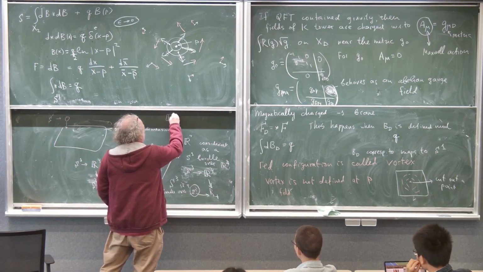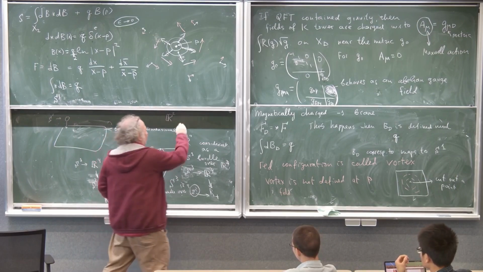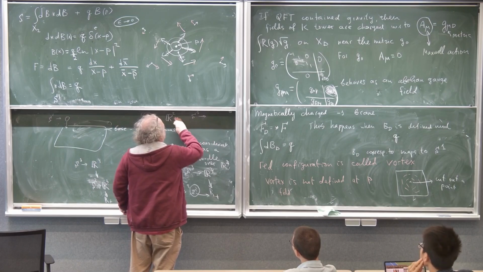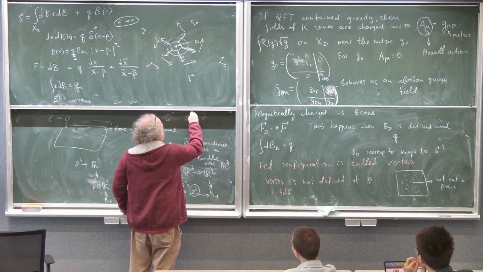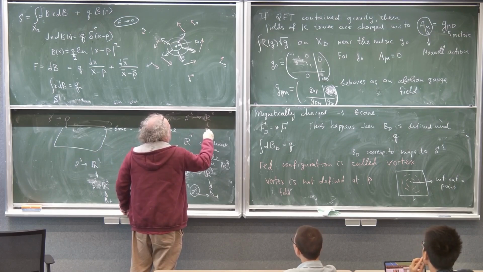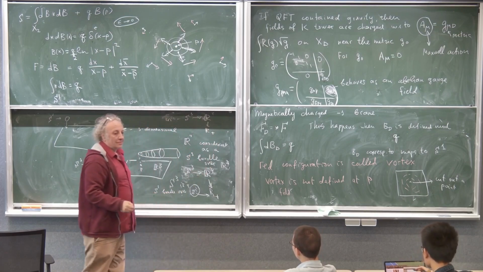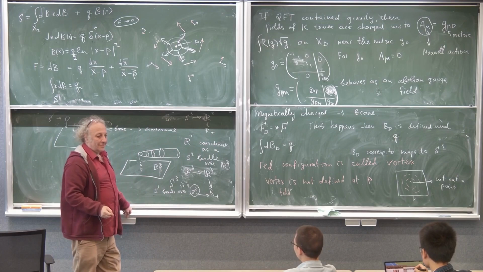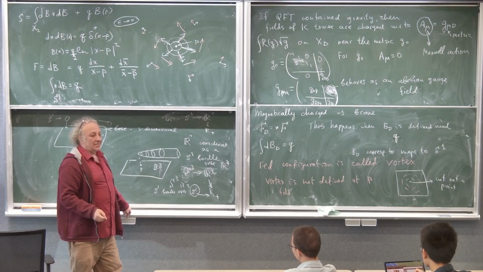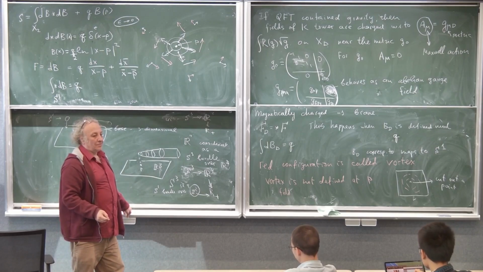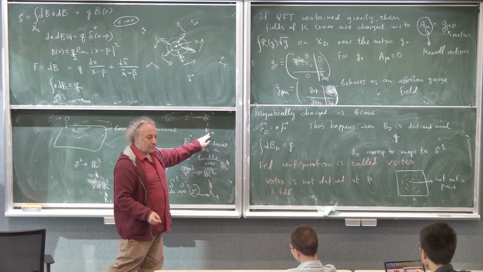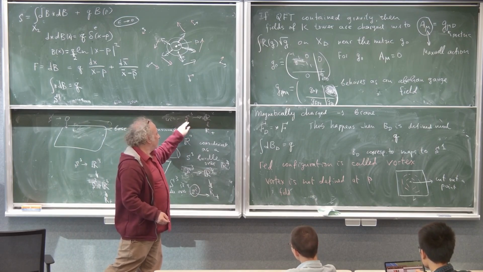What is R2? R2 is S1 fibration over R plus, where 0 is a special point. At this point 0, the fiber collapses.